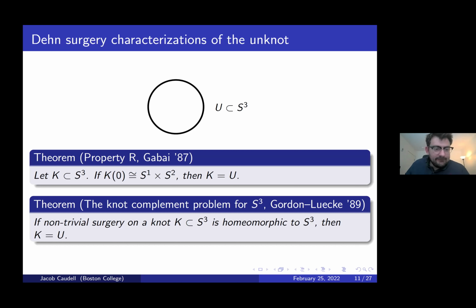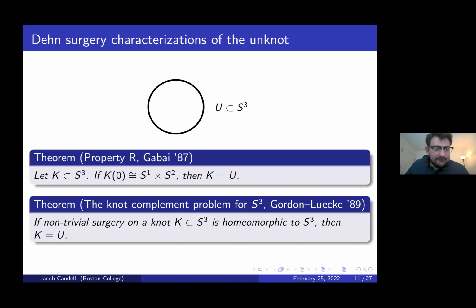And it says that if zero surgery on a knot in S3 is S1 times S2, then K is the unknot. This is a consequence of what Gabai actually proved, which is much stronger. But for our intents and purposes, it's a Dehn surgery characterization of this knot in S3.